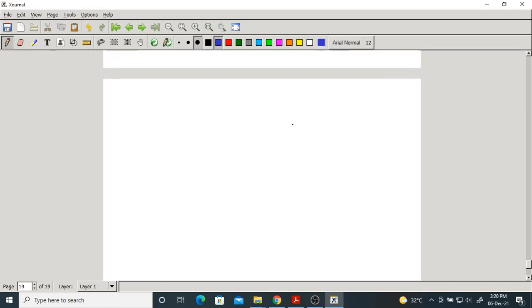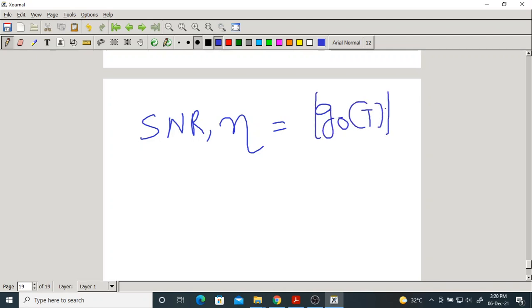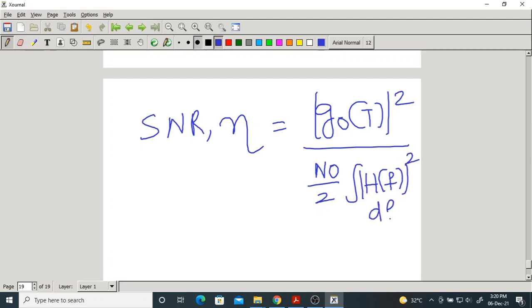Just now I have calculated noise power. So the total SNR, called eta, equals G naught of t whole square by N naught by 2 integration mod H of f whole square df.